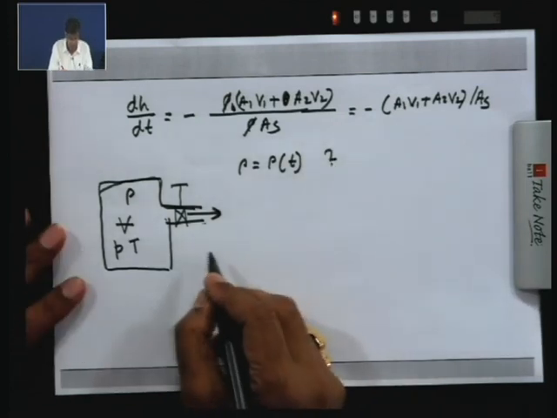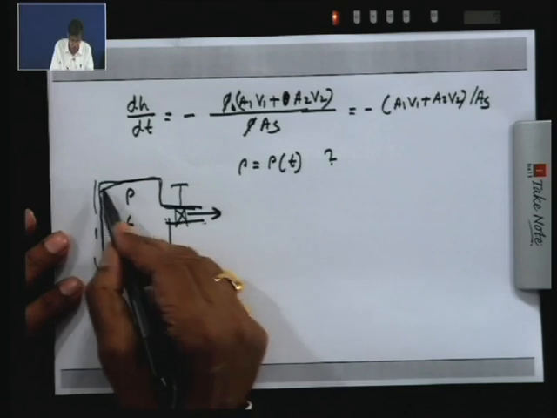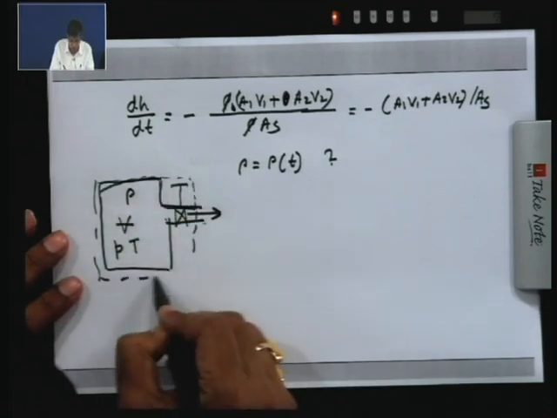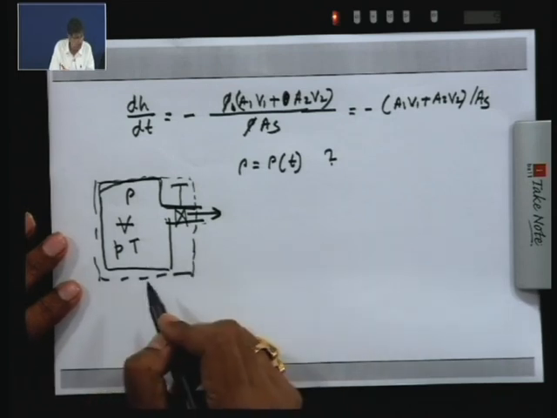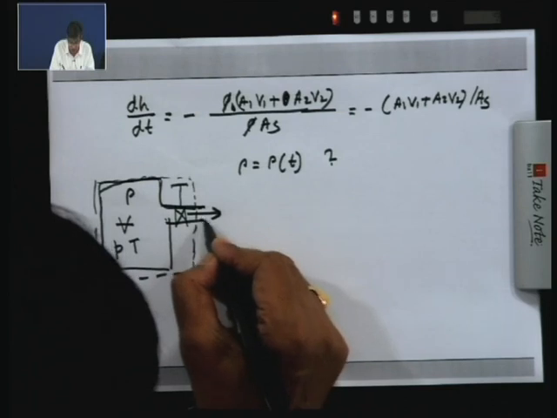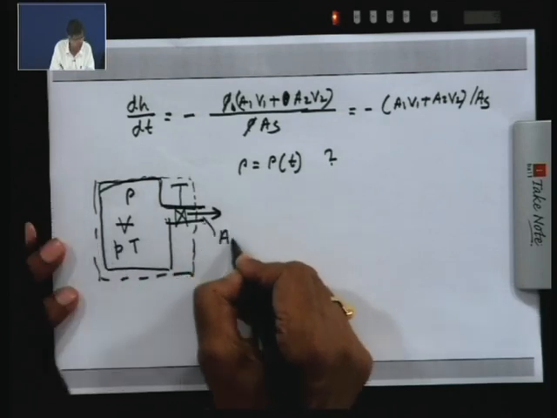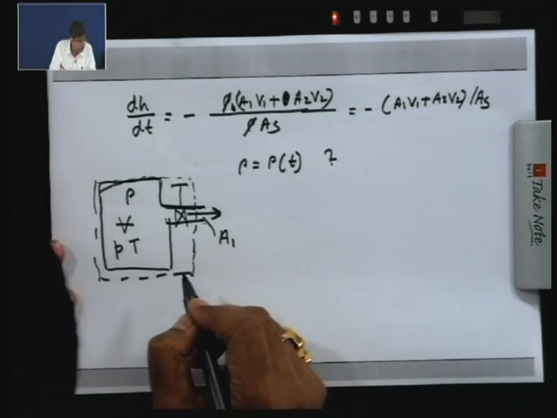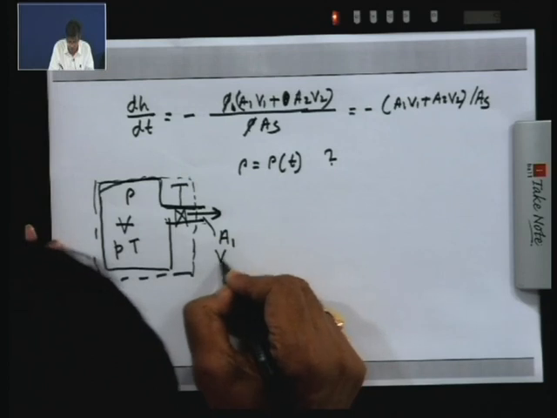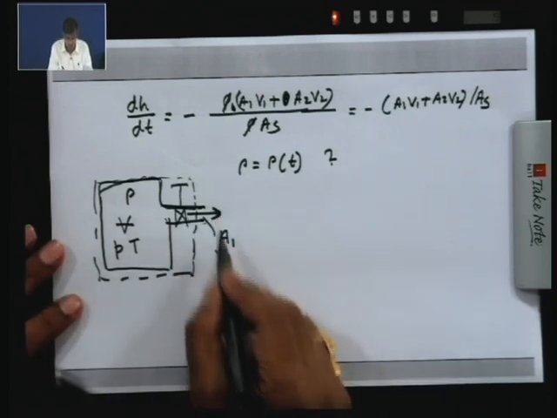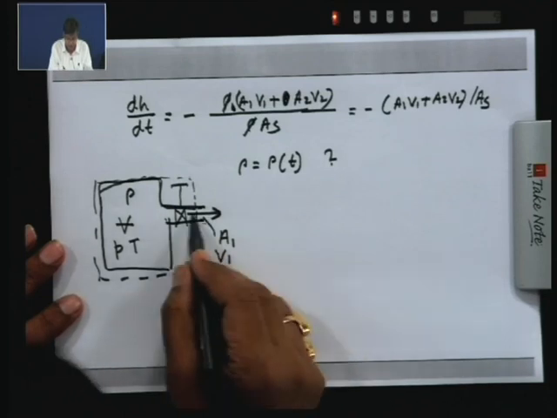I give you a hint: here also we can take a control volume like this. The air is escaping from the tank through a pipe and valve with a flow area of A1 and with a velocity of V1. That means rho A1 V1 is the rate of flow.